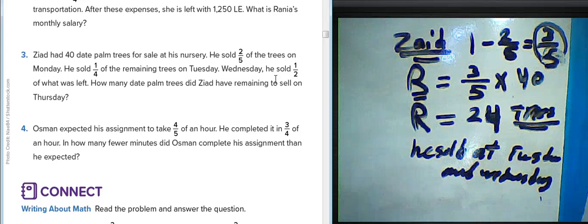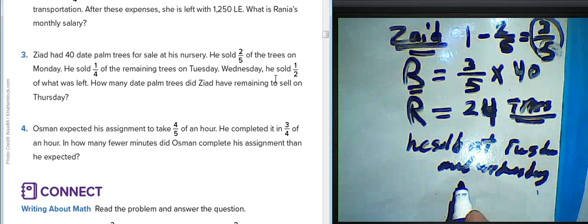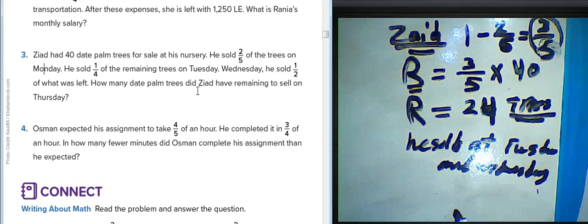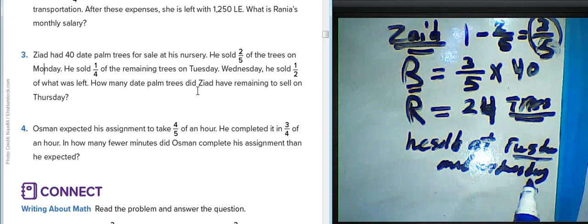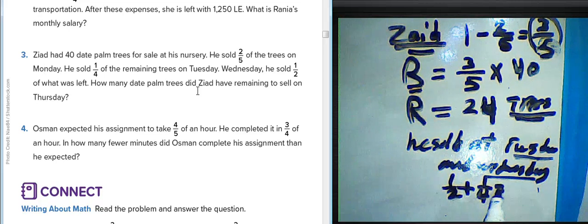So the remainder with him will be 4. Understood? He tells us he sold 4 and half. So the remainder with him will be half. He sold at Tuesday and Wednesday half and 4. So he sold 3 over 4.